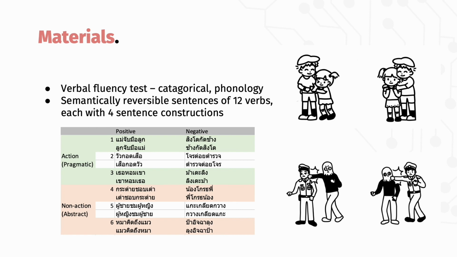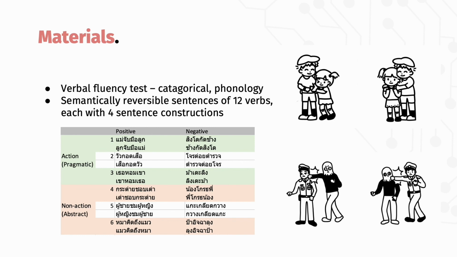The materials used in the study are divided into two parts. First, a verbal fluency test to test the baseline status of the participants, and second, the pictures of 12 verbs. Each verb is constructed into 4 types of sentence constructions.